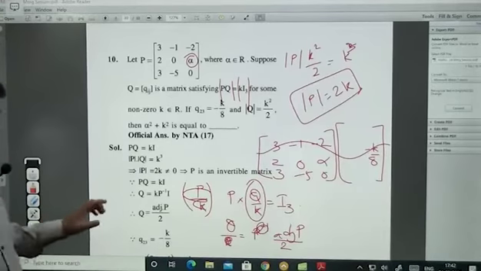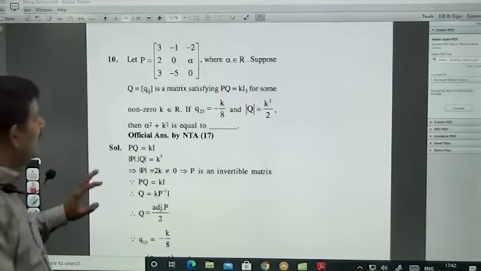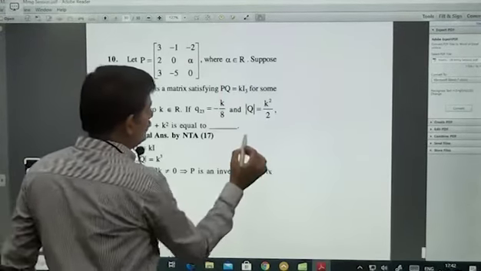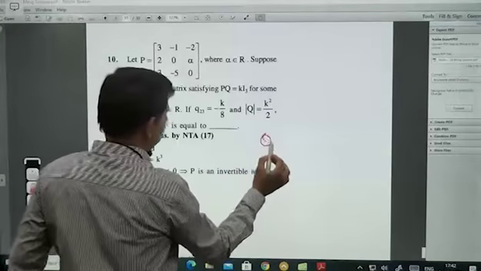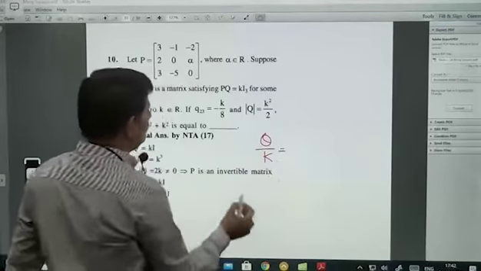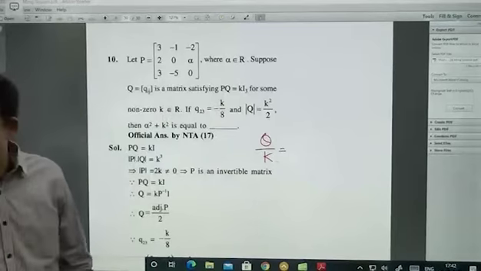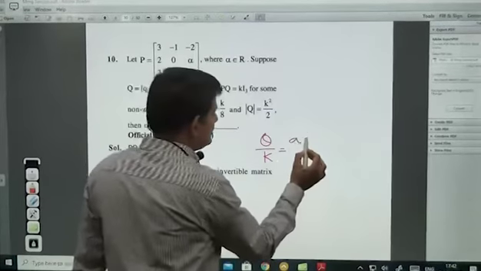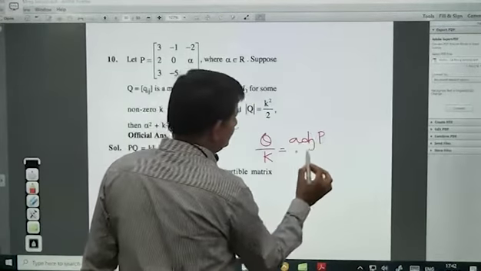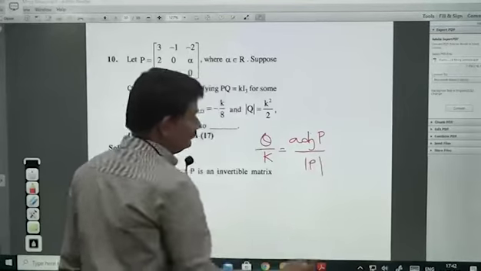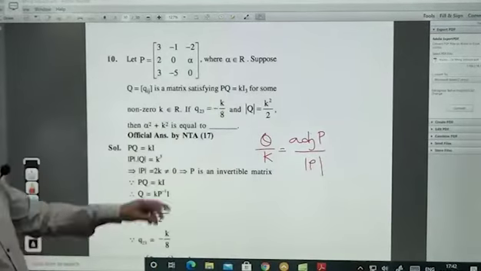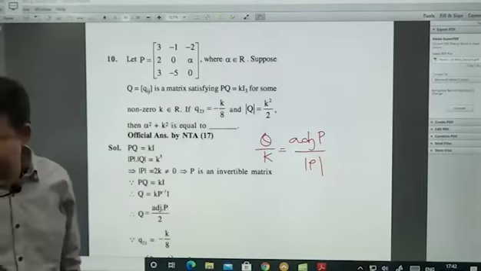So what you simply need to do is understand that Q by k is P inverse, which is adjoint of P divided by det P. And how to find det P? Put det on this.